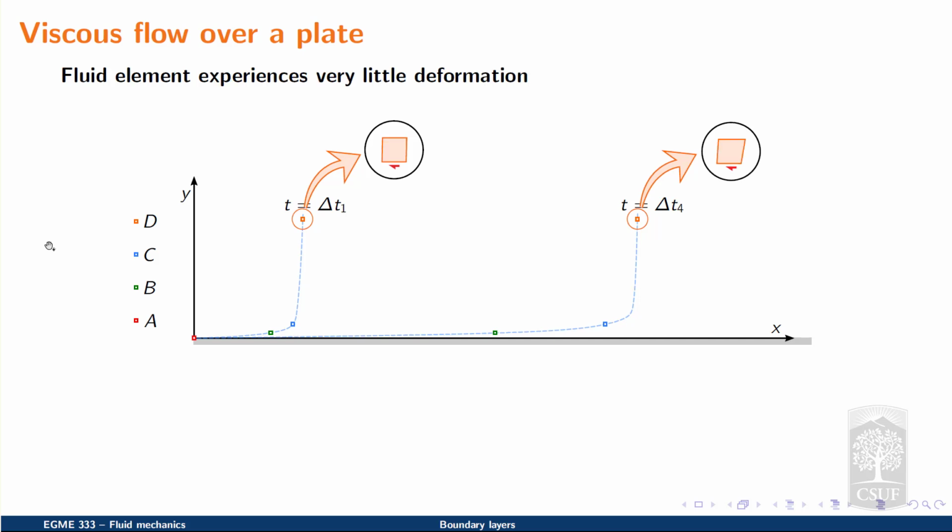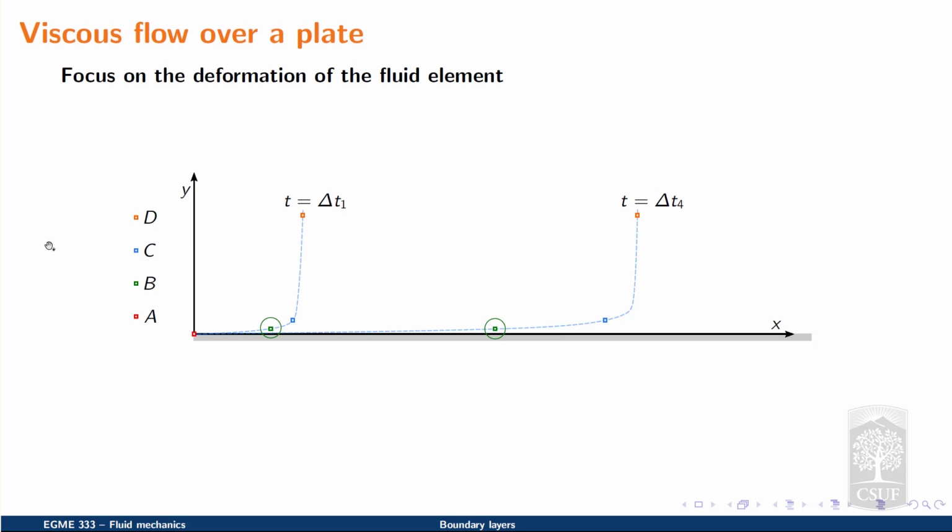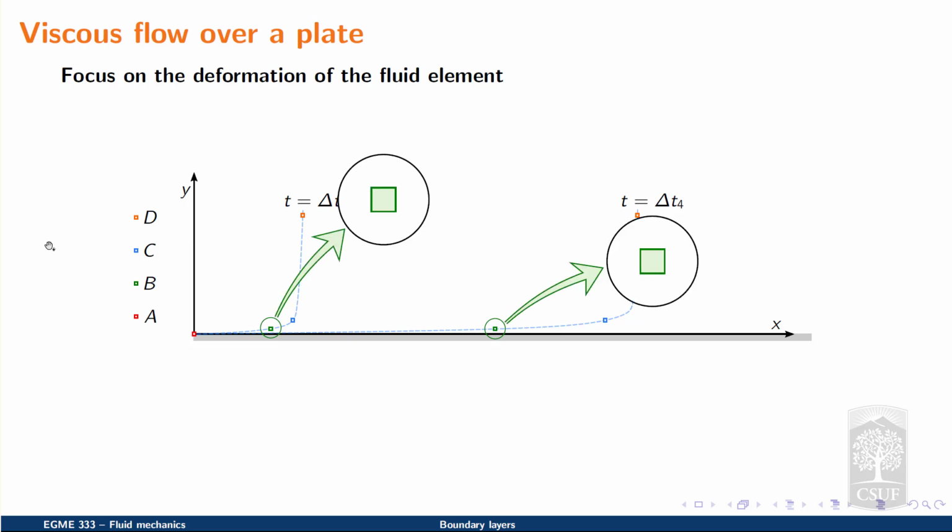However, what we may observe is that this fluid element will experience a very small level of deformation, which arguably will correspond to the local velocity profile or the local shear strain rate du dy being close to 0.